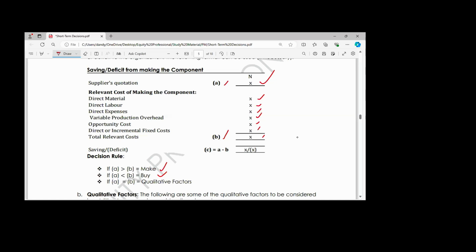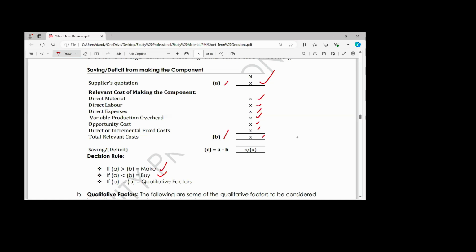Because if you don't have the expertise, what's the essence of producing something you don't even know how to do? It will be very difficult. Therefore, the number one factor the company should consider is whether there is internal technical know-how to produce the components internally.